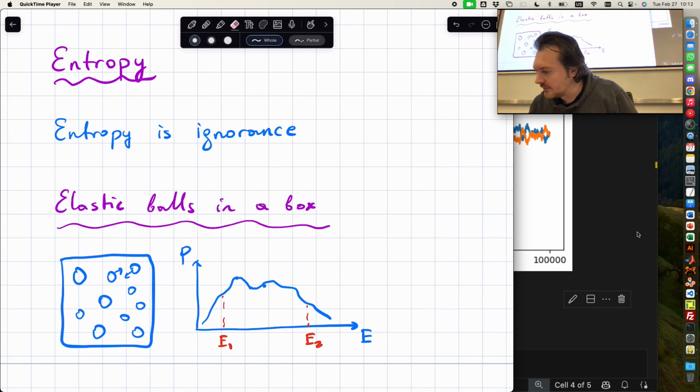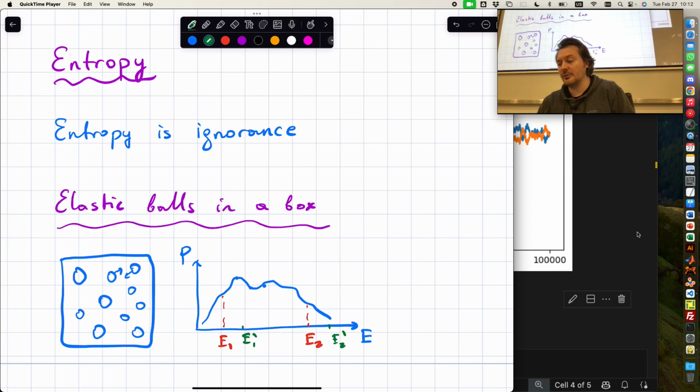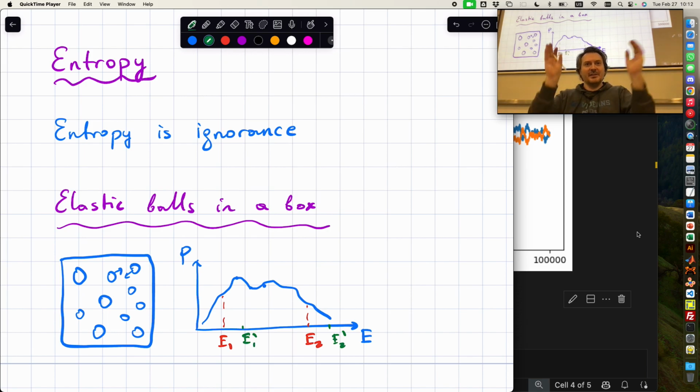You cannot reshuffle them to any place you want. Once they get reshuffled to E1 prime and E2 prime, for example, this cannot happen because E1 plus E2 needs to be E1 prime plus E2 prime. As you can see, what I did here is that I increased both of their energies. So this cannot happen. The energy has to be conserved. Are you with me?